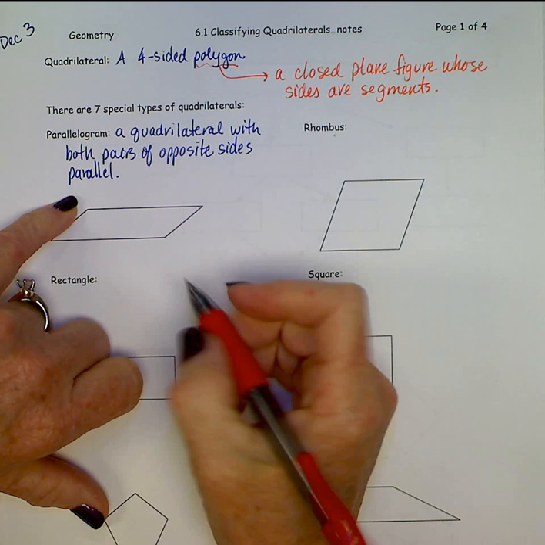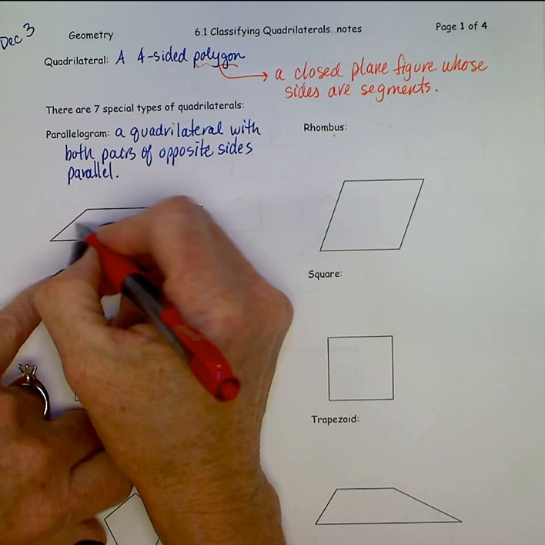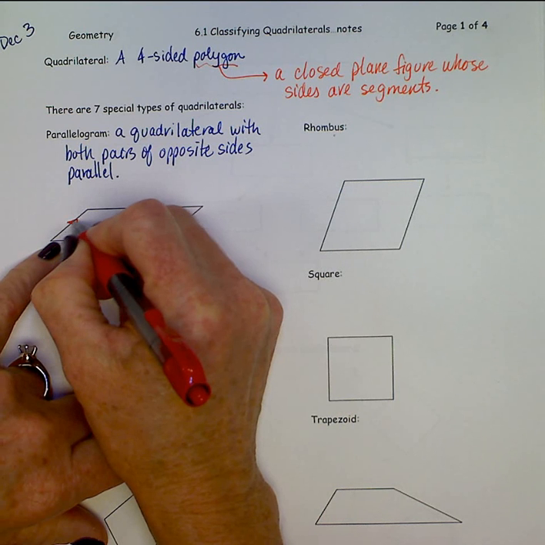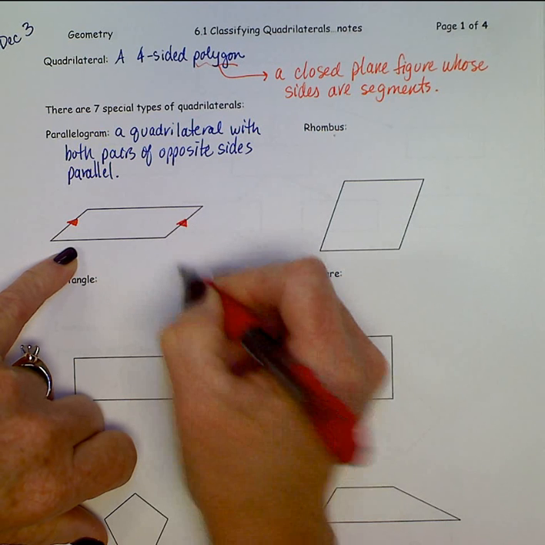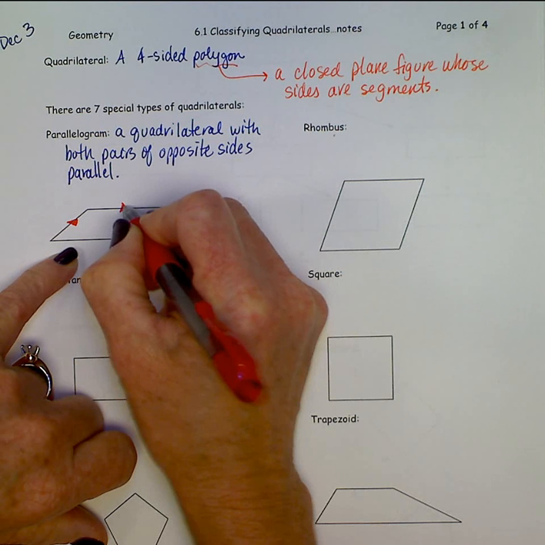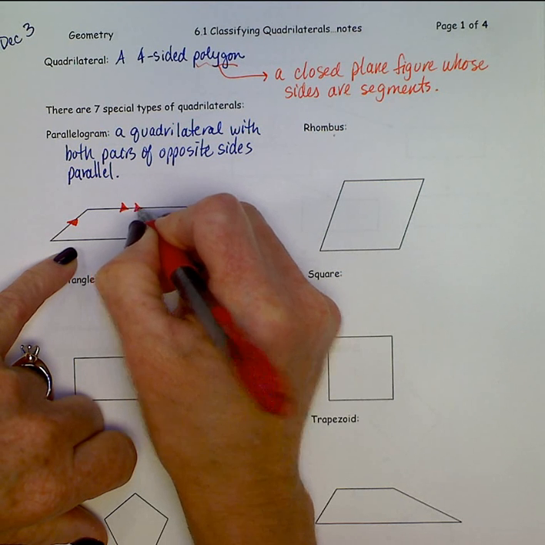When we mark that in the diagram, and here's where the color comes in nice, we have one pair of sides parallel here, and another pair of sides here.